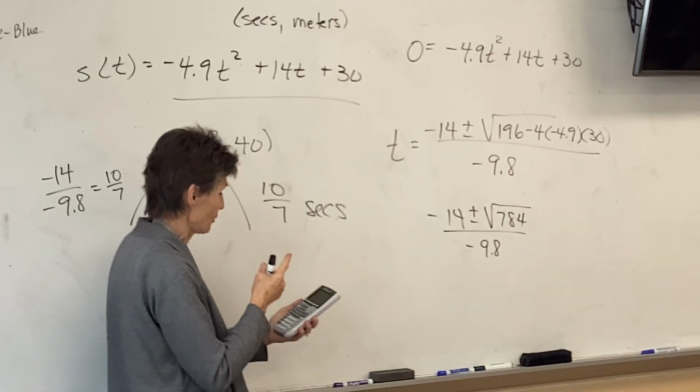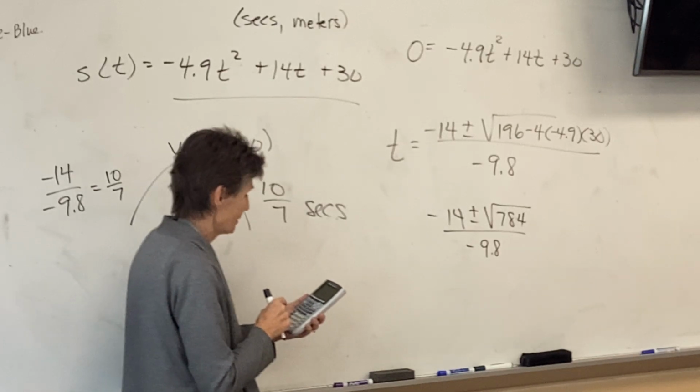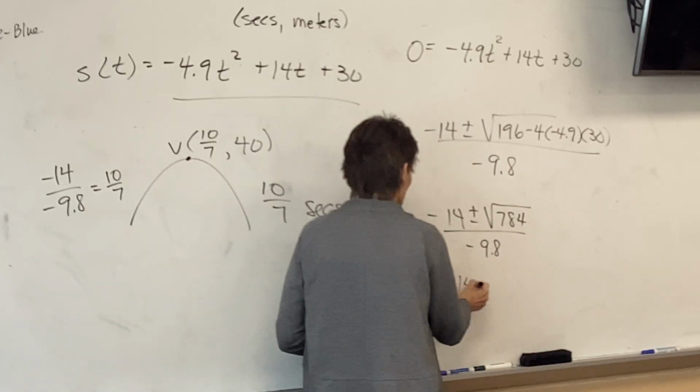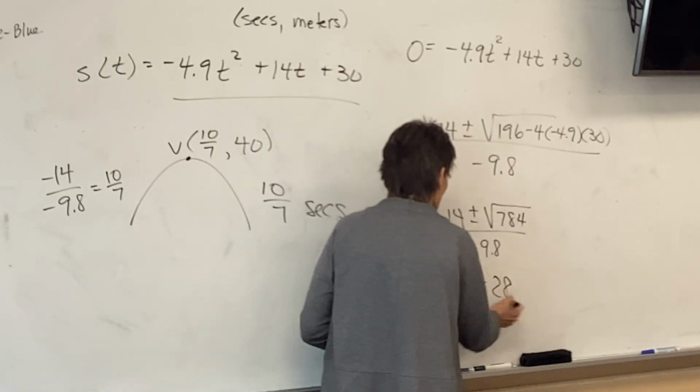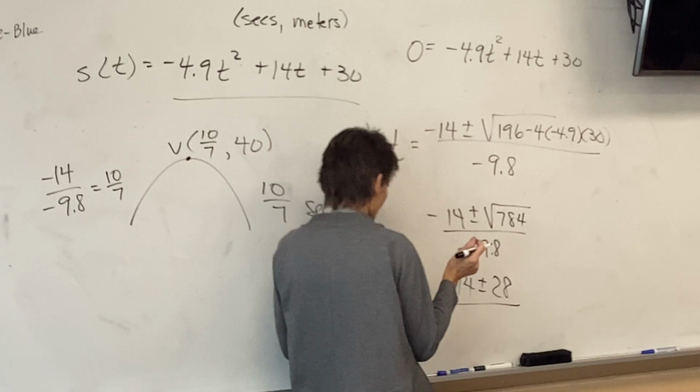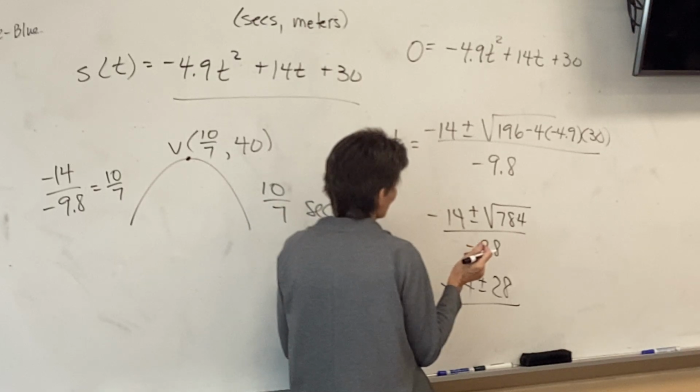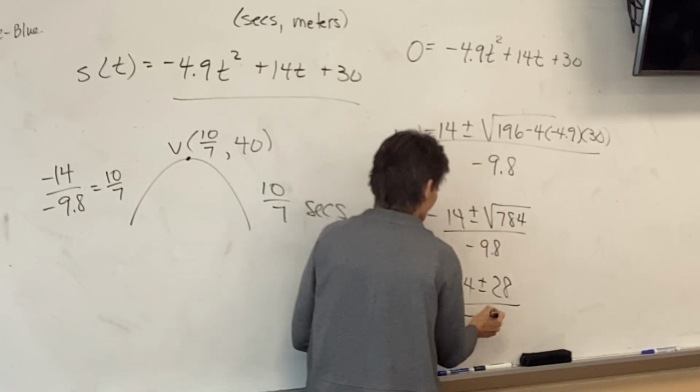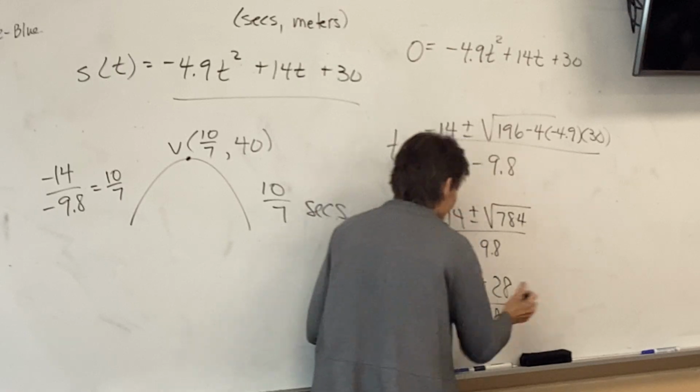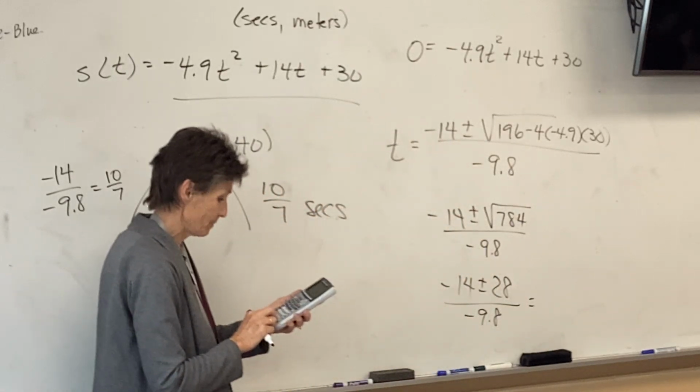That does factor. So negative 14 plus or minus 28. 784 is a perfect square. Believe it or not. I know. Me too.